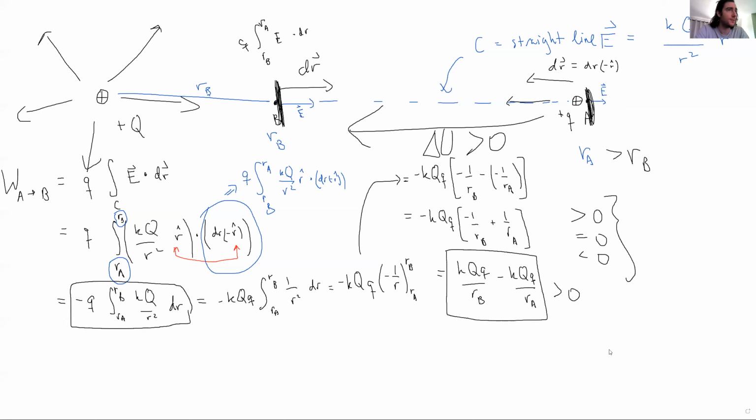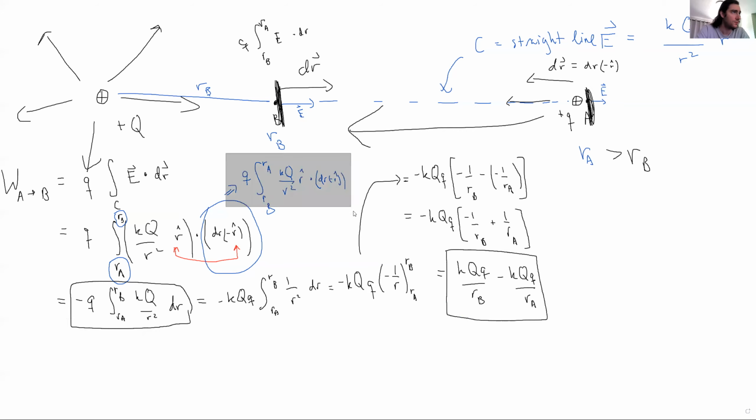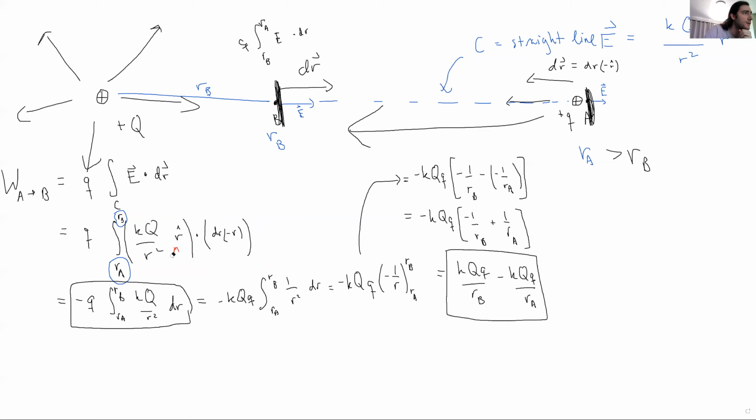Let's get rid of this here for a second. Okay, so what we did here was, there's still a little bit of clutter here. Let's get rid of some of this.